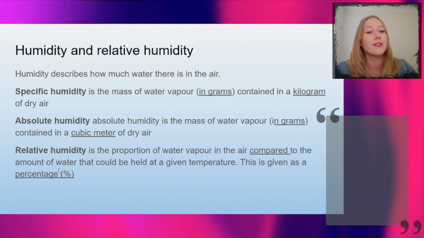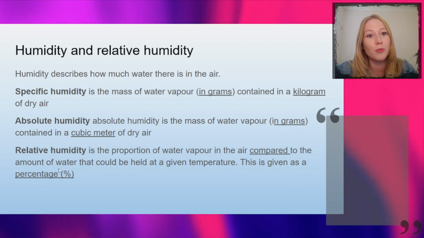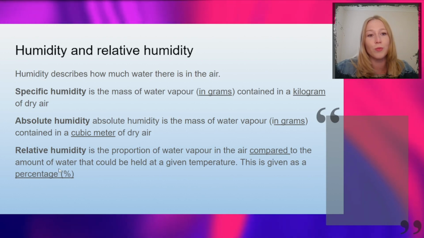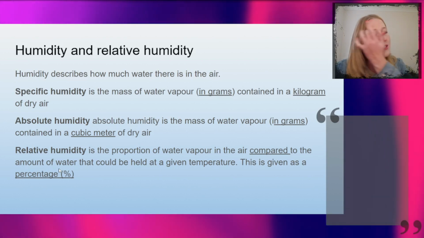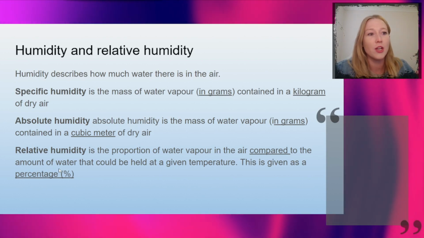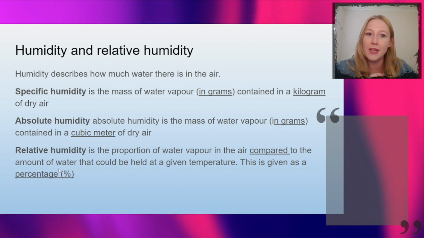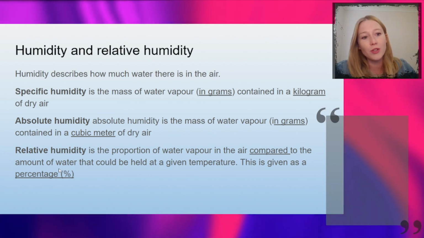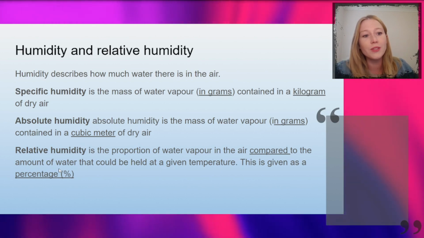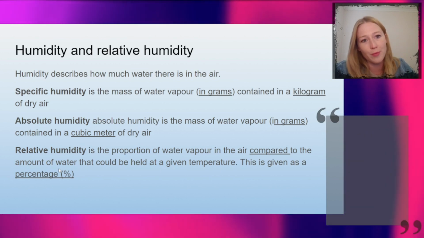If the air has a lower percentage humidity, it means that it can hold more water vapor. And the reason why this is a relative value, a percentage, a fraction, is because how much the air can hold does depend on the temperature.